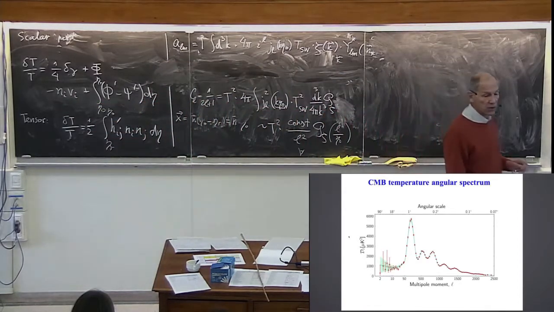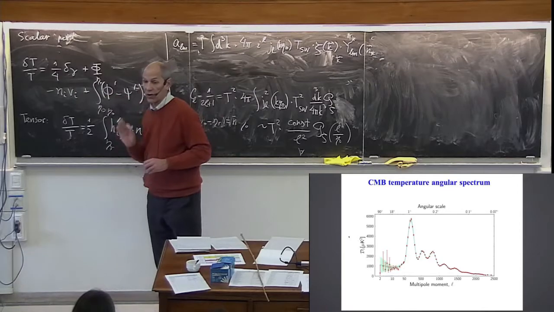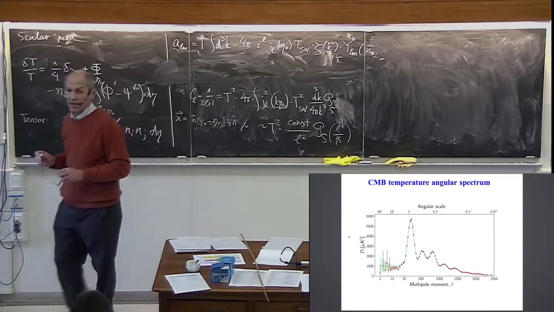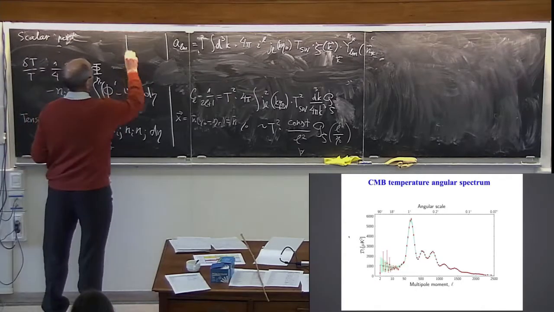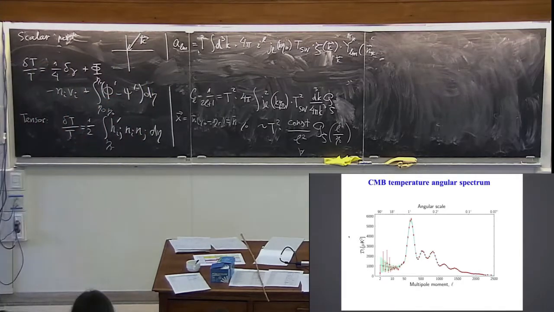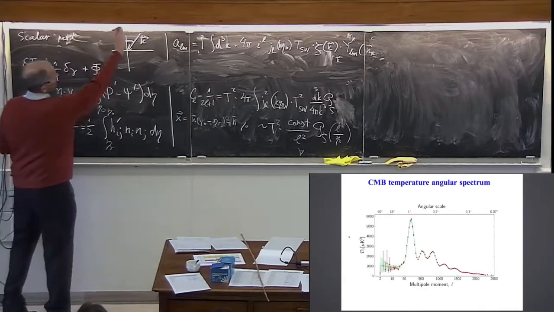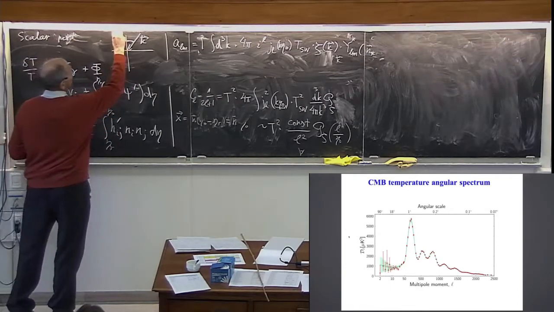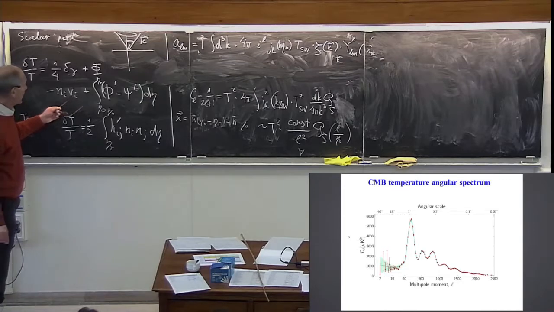At higher multipoles, it is small because you need modes which are going towards me or away from me, and the effect is proportional to the cosine of the angle of this wave of momentum k. So you need waves that travel towards me basically, and this gives me a small phase volume. So numerically you always get suppression for the Doppler effect.